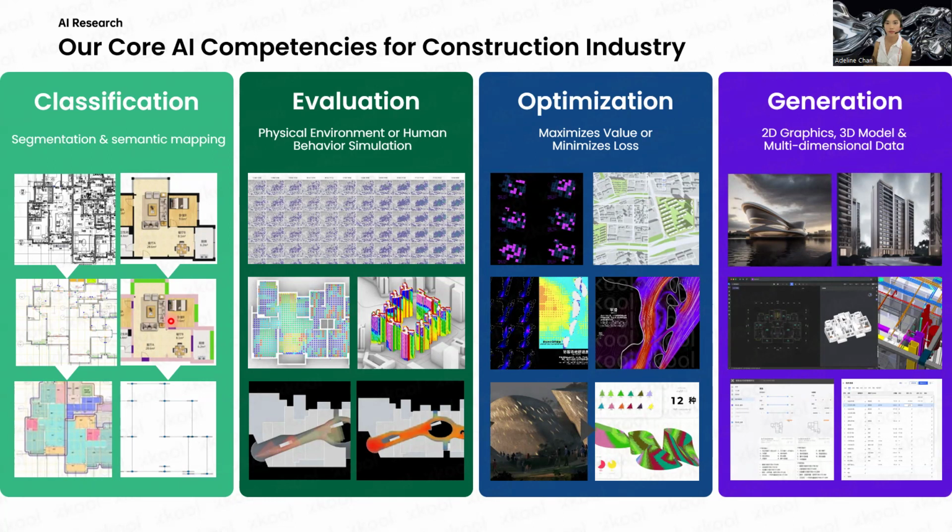So to start, you need to train a million times on how to classify and identify the information for the machine. This is how we build our database. That's just an example, but we also do it in 2D images and 3D models. So that's the first part.